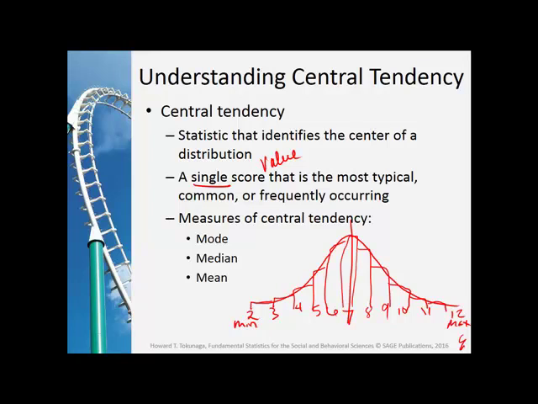So when we say central tendency, the one word that usually comes to mind is average. In some places, average is like an insult. Oh, well, that's fine, you know, we're at the average. Everybody wants to be above average.